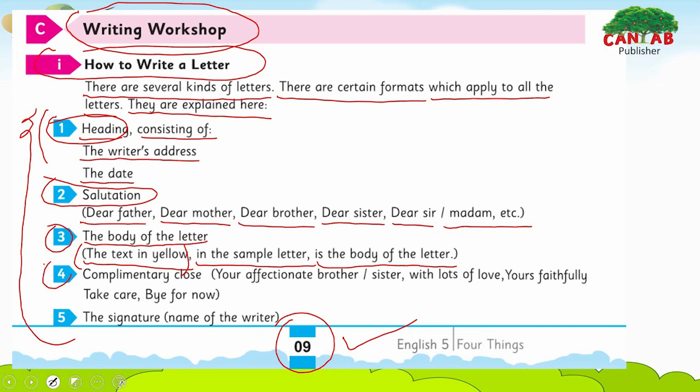The fourth one is the complementary clause. Here the letter is in its closure format. Whenever you are going to end your letter, you have to mention the closing remarks, that is, your affectionate brother, your affectionate sister, with lots of love, yours faithfully, take care, bye for now, etc. Which category do these come in? In the complementary clause.